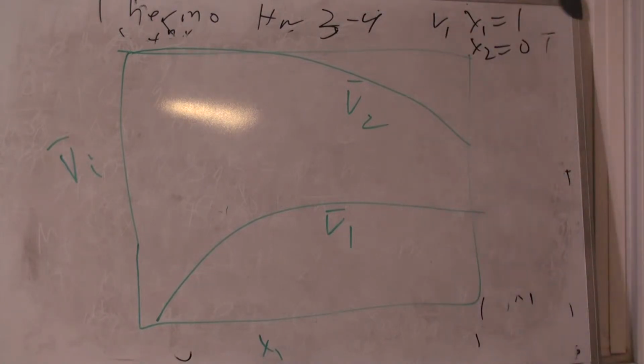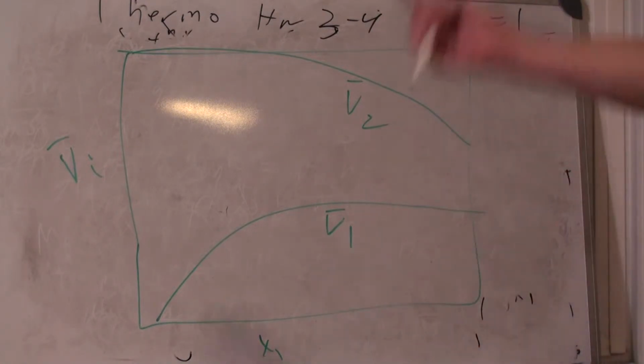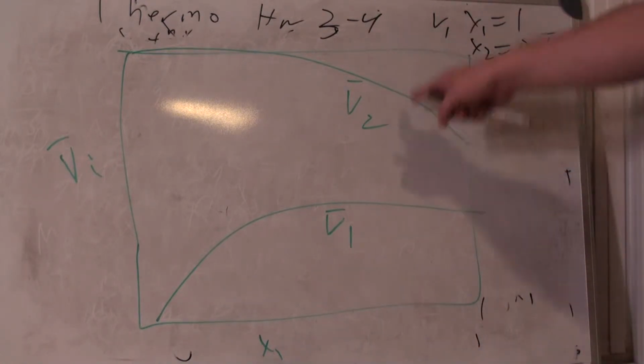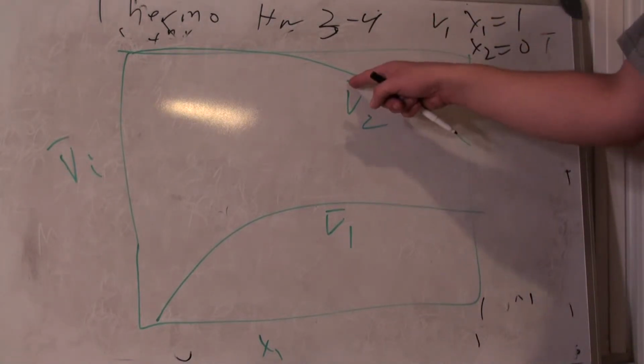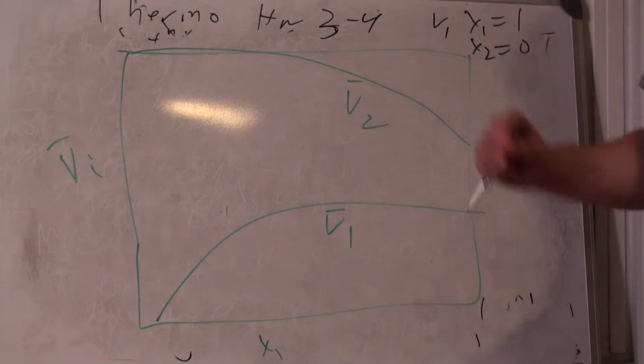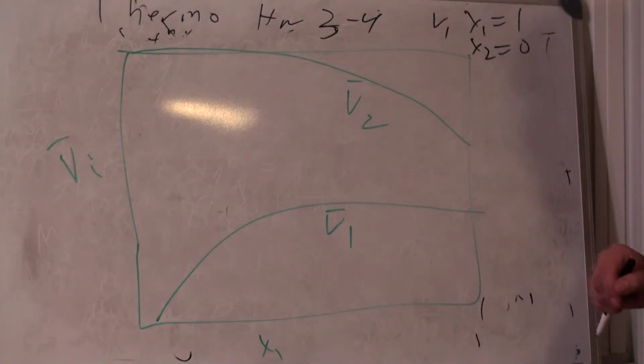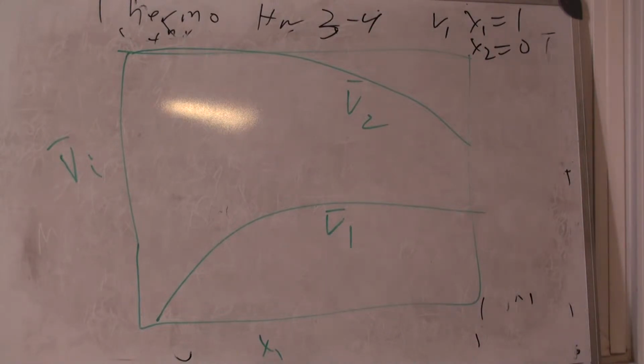I have 2 things: partial molar V2 and partial molar V1. What do they say in words? The contribution to the volume from component 2 in the mixture. Well, if there is no component 2, can 2 contribute to the mixture?